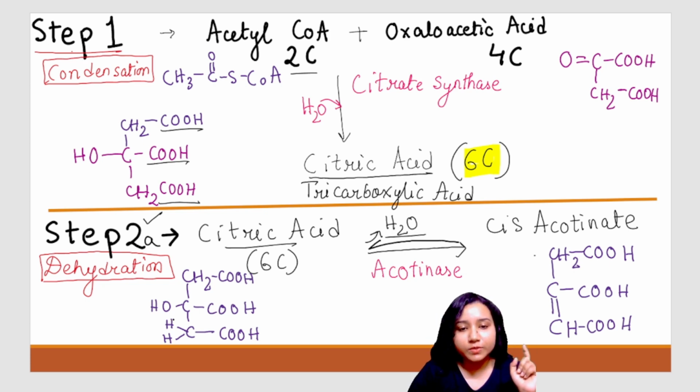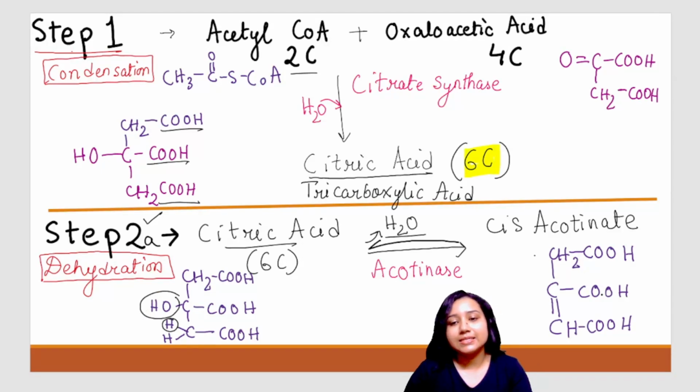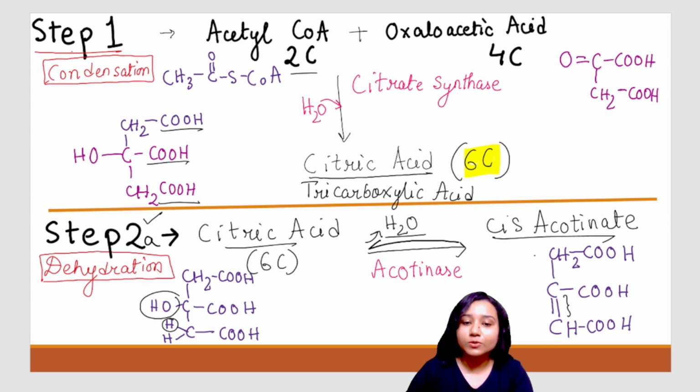One H is removed from the second last carbon, and one OH from this carbon. As this takes place, we can see there is a double bond, and cis aconitate is forming. I hope all of you have written that cis aconitate is forming with the help of the enzyme aconitase. I hope this much is clear.